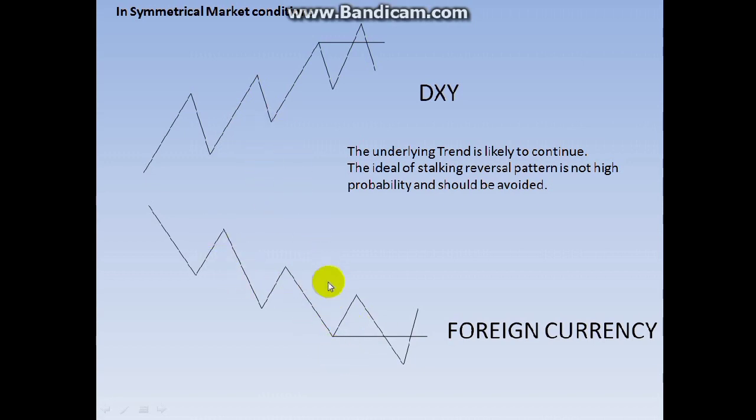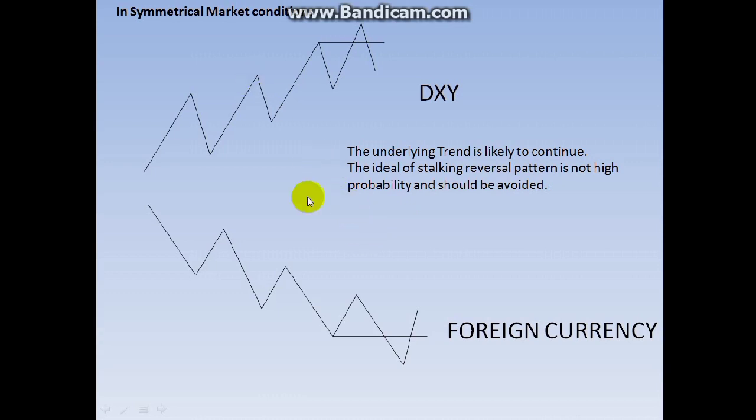As we can see, as the dollar makes higher highs, higher lows, higher highs, higher lows, at the same time foreign currencies are making lower lows, lower highs, lower lows, lower highs, and you can see the market is in sync. When we have a situation like this, the underlying trend is likely to continue. In other words, this uptrend is likely to continue. Now the idea of stalking a reversal pattern is not high probability and should be avoided.